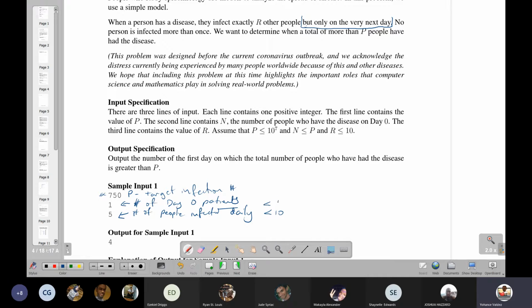So this is P, this is N, and this is R, and of course P is your target number. P has to be less than 10 to the power of 7. So that's what they're asking here.